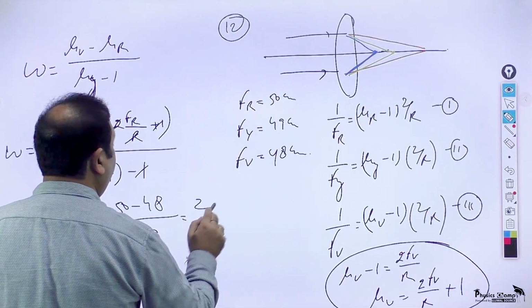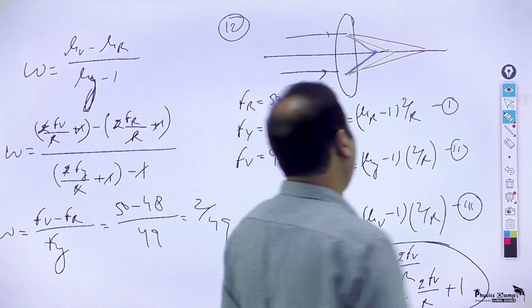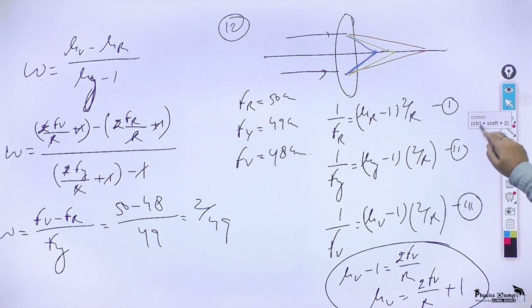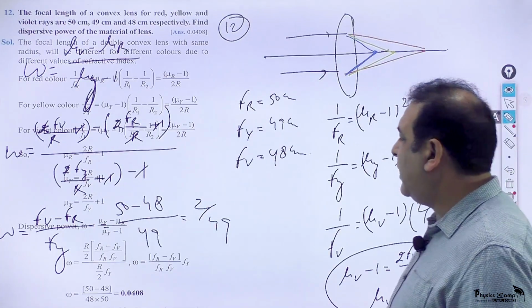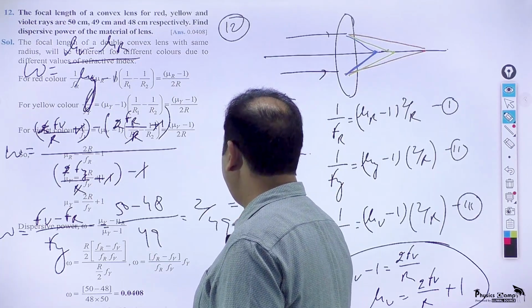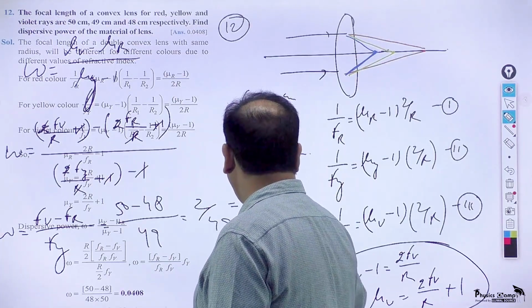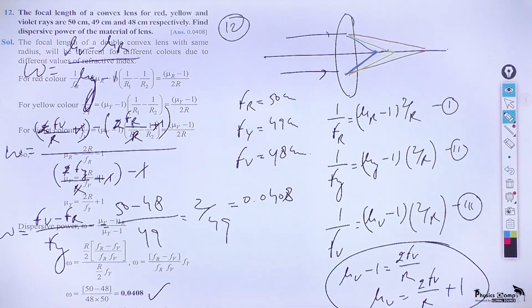So it is 2 by 49. This is giving you the dispersive power of this lens. The dispersive power finally for the lens that you will get is 0.0408. So that's how we can obtain the dispersive power for this lens.